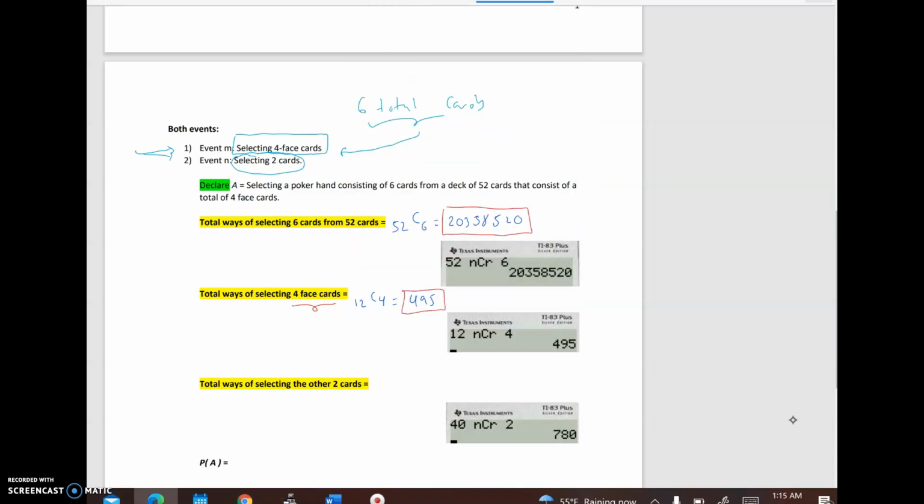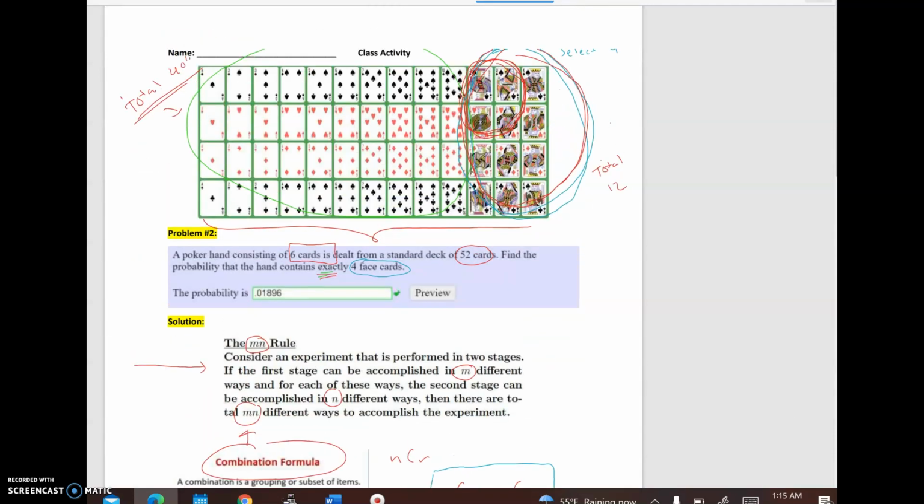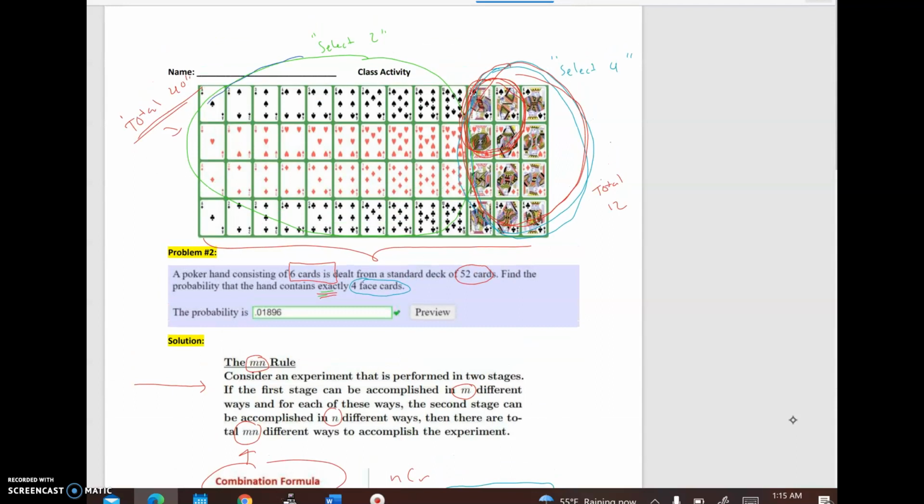That gives us the total ways of selecting 4 from the 12. The last portion is that we need to complete the 6 cards. Remember that the event has to do with 6 cards. So we're going to evaluate a total of 2 from the rest of the 40, from this chunk here.